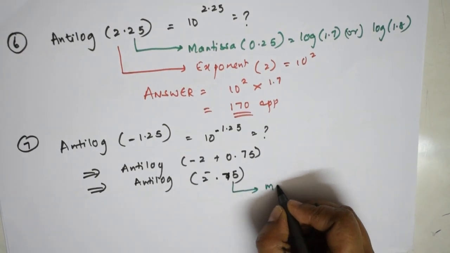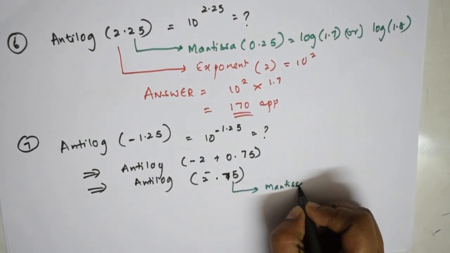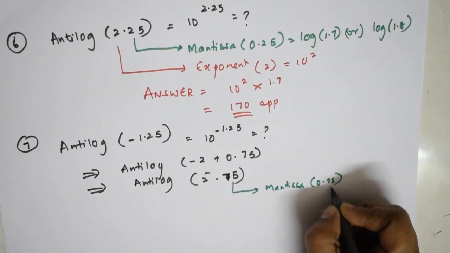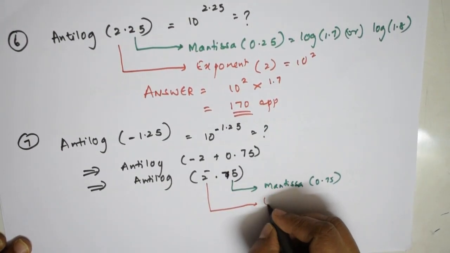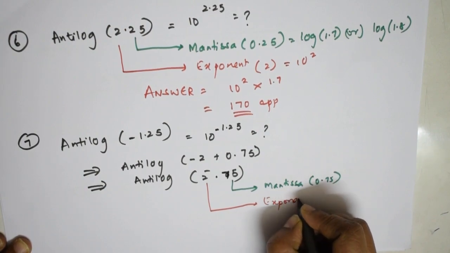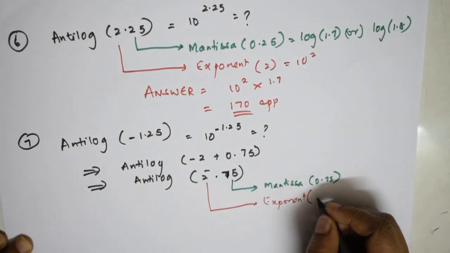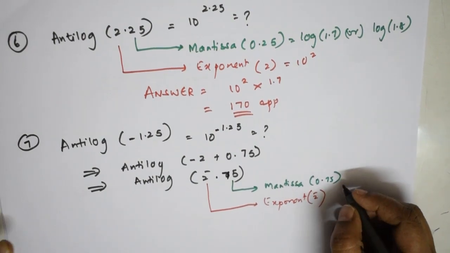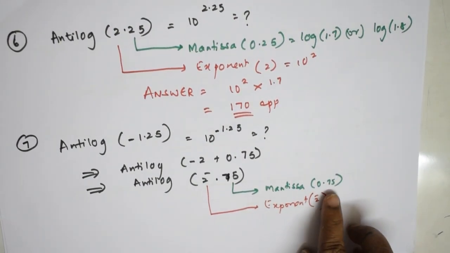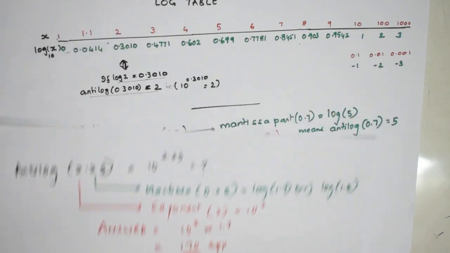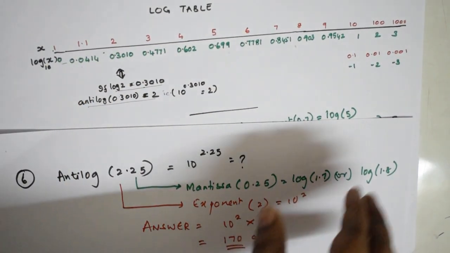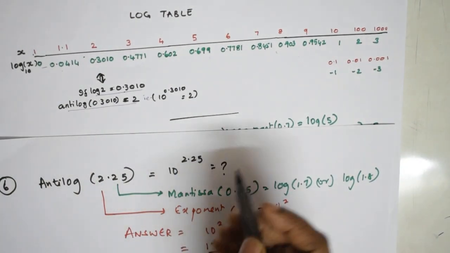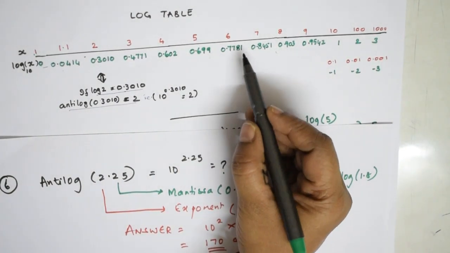Again we have two components. 0.75 is nothing but the mantissa part. Okay, the mantissa is 0.75. 2 is nothing but the exponent part. So the exponent part is 2. Now this mantissa, if I have to see 0.75, where is it lying in the log table? Let us see this. In the log table, 0.75 is nothing but 5 here.